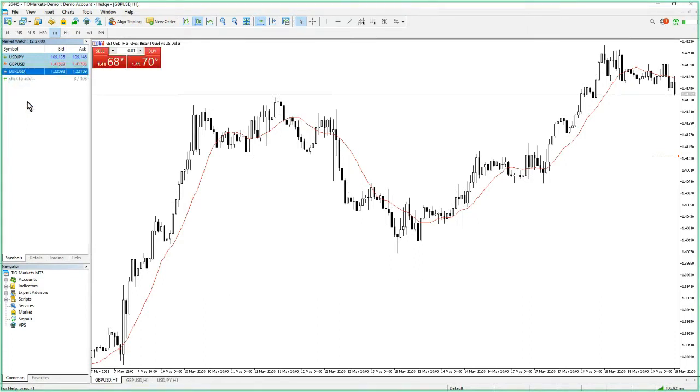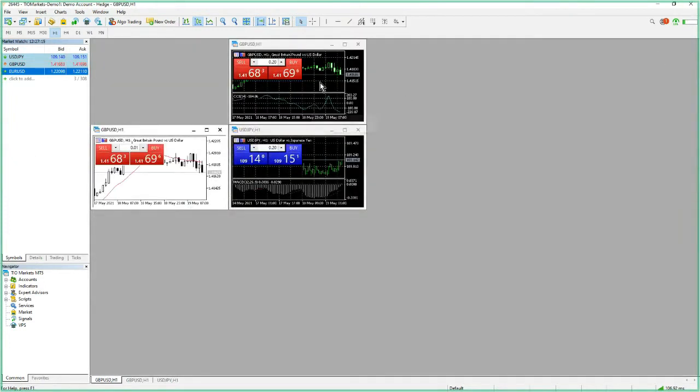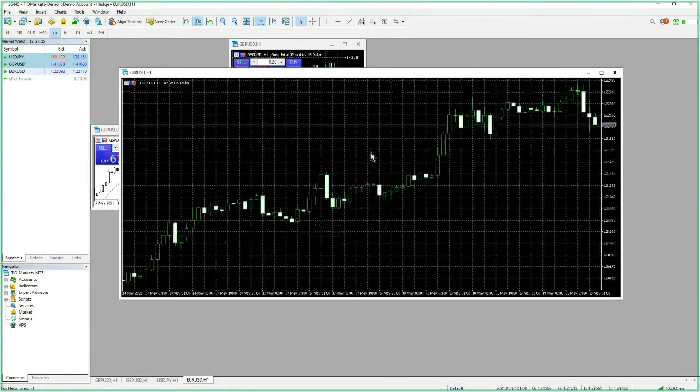And one of the easiest ways to create a new chart using this platform is to go to Market Watch, and drag and drop down here, and it gives you the chart. Okay, and this is set to the default colors now.